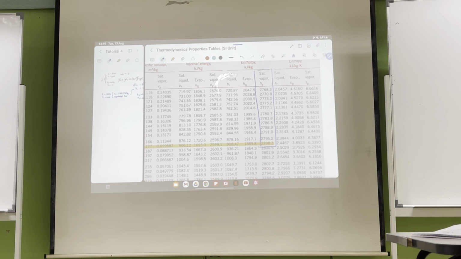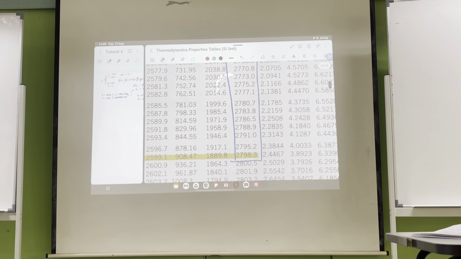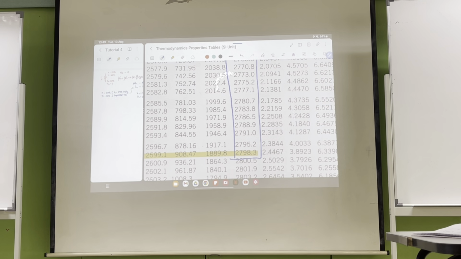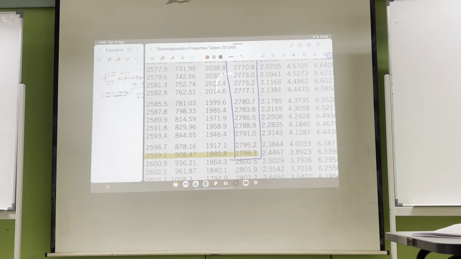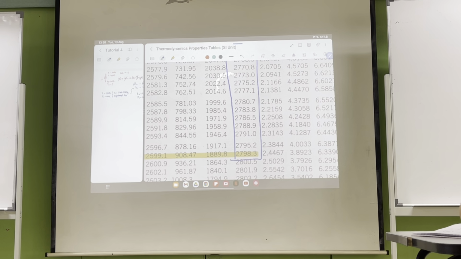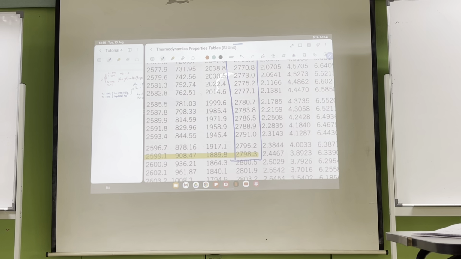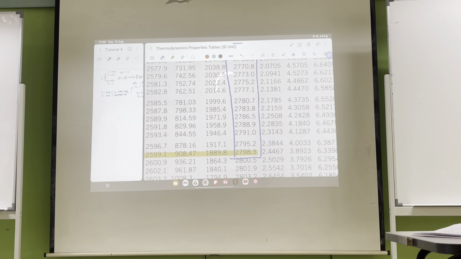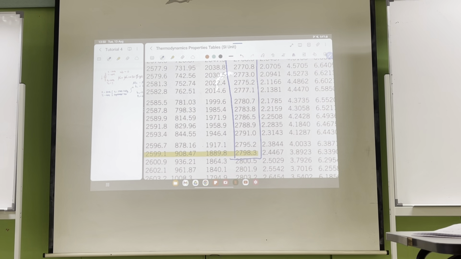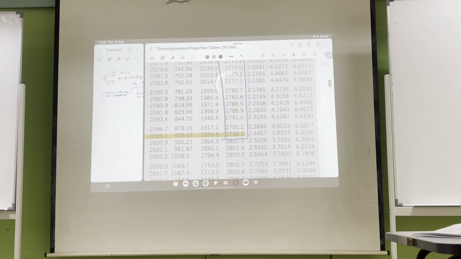Okay, this Hg value is 2798.3. It is lower than 2988.1, right? So think of it this way: if the water has more energy than your saturated vapor, it means it is superheated water, because they have more energy. That's why the molecules are moving more rapidly. That's why more energy, right?